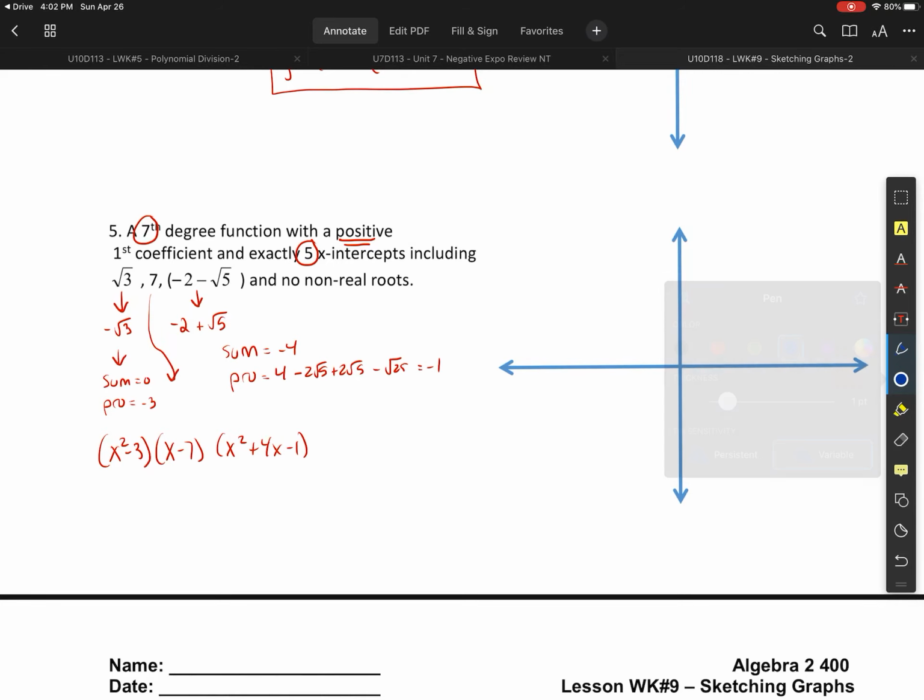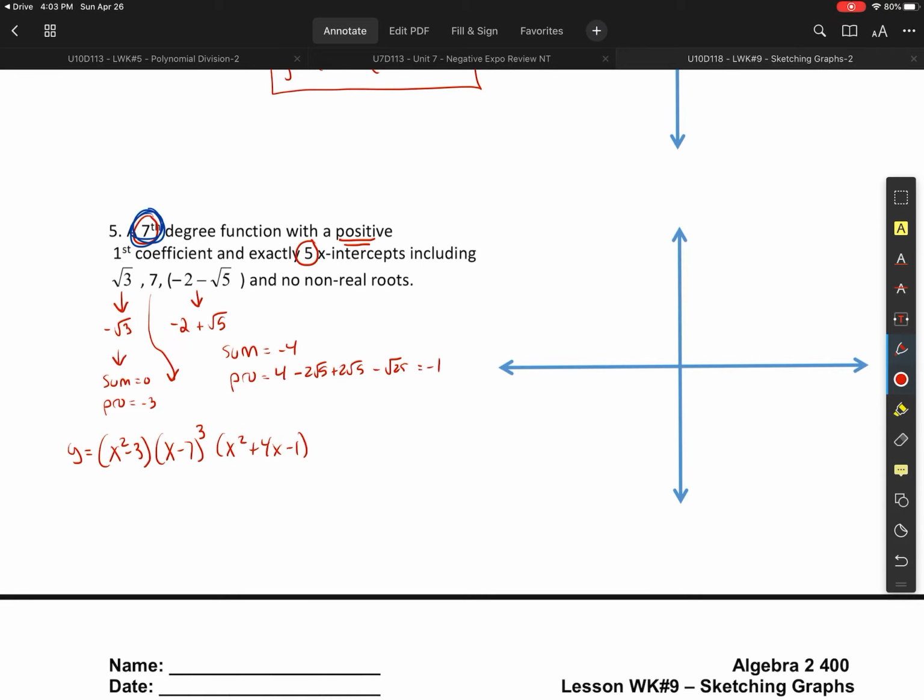Okay, what's the issue? 7th degree. All right, so we got to modify this in a way. Well, right now, I have a degree of 2, 1, and 2. So I got to put my other 2 out there somehow. My personal choice, I would make this an x minus 7 to the third.